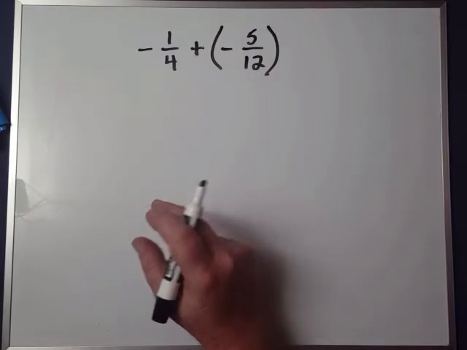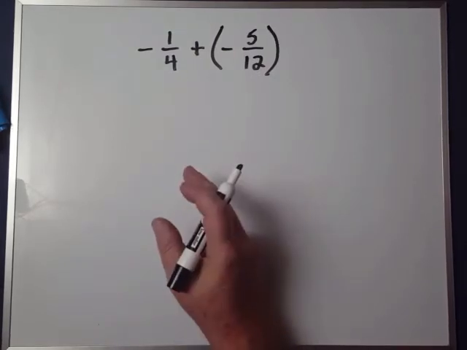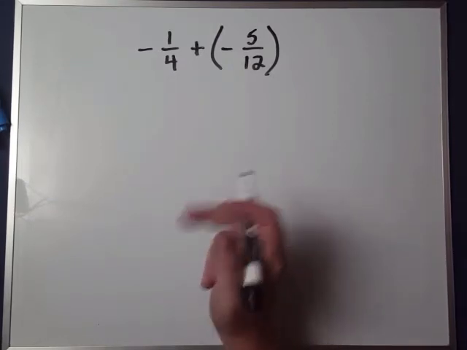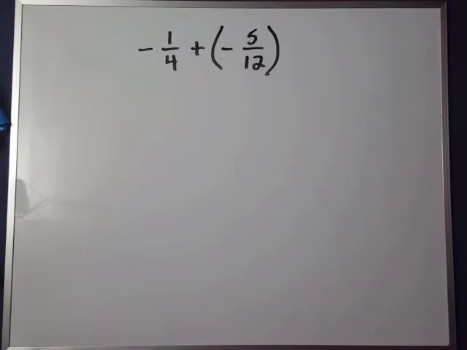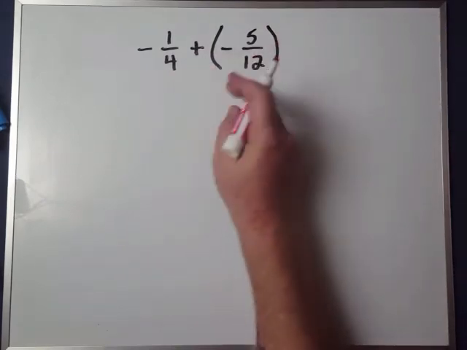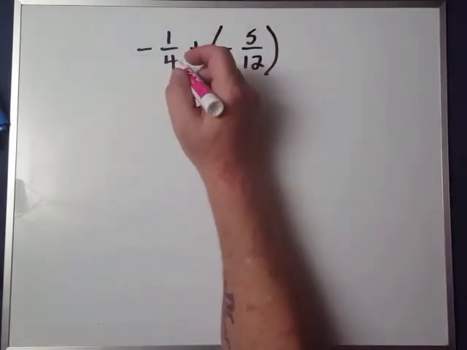Negative 1/4 plus negative 5/12. I'm adding fractions. To add fractions, we need a common denominator. Least common denominator for 4 and 12 is 12. So what do I need here?